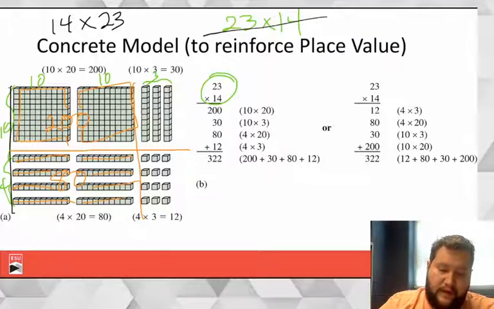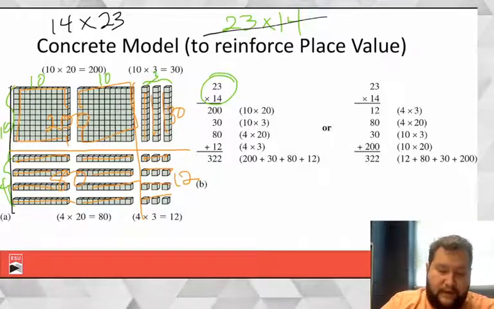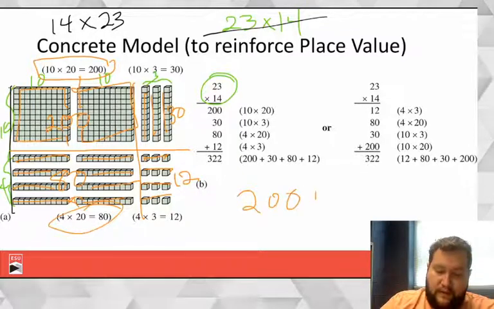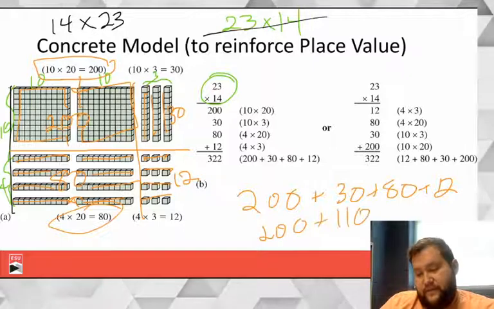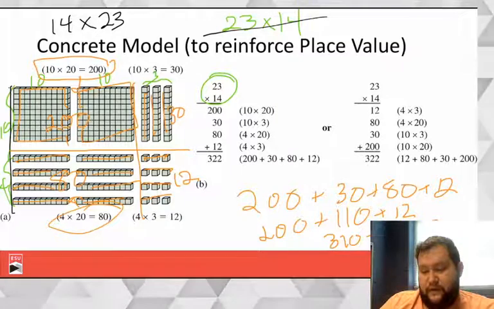Here we have 3 times 10, or 30. And here we have 4 times 3. And see the 4, right? 1, 2, 3, 4 times 3 is 12. And so each of these parentheses is really the multiplication that's happening right above it. So we have 200 plus 30 plus 80 plus 12. So we have 200 plus 110 plus 12, 310, 322.